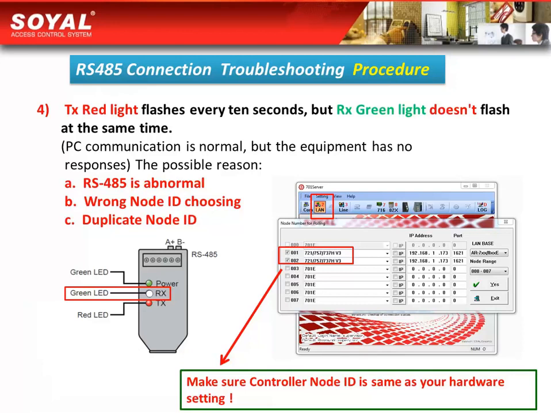First, the RS485 is abnormal. Second, the wrong node ID was chosen. And third, a duplicate node ID. When you choose the node ID in the software, you have to make sure it is the same as your setting of the controller.